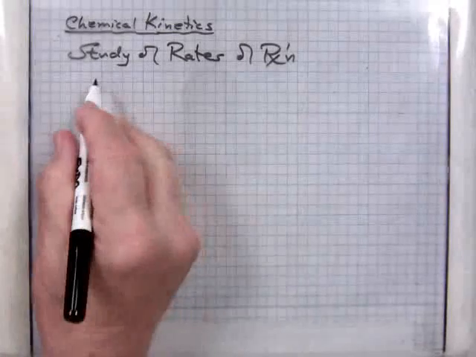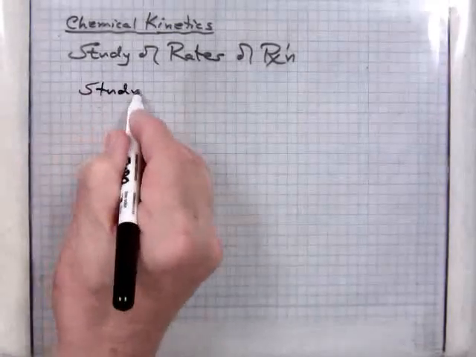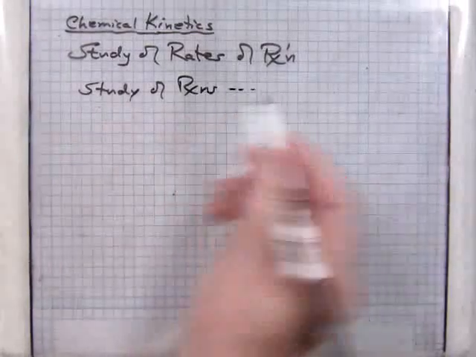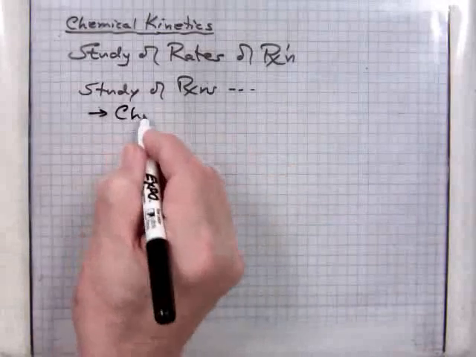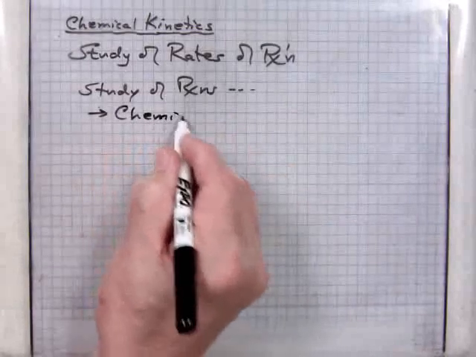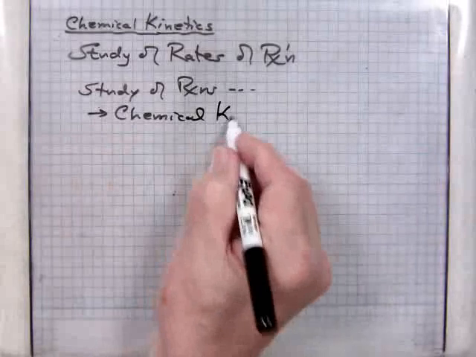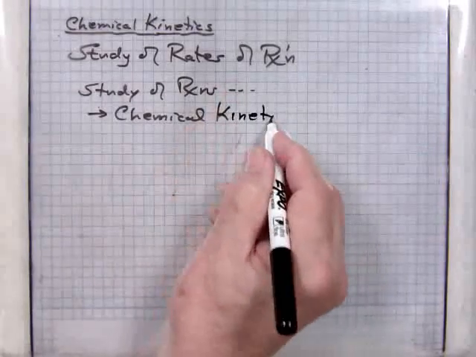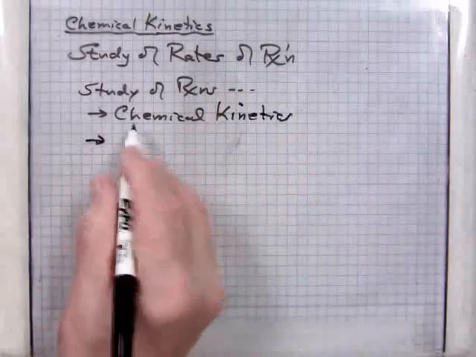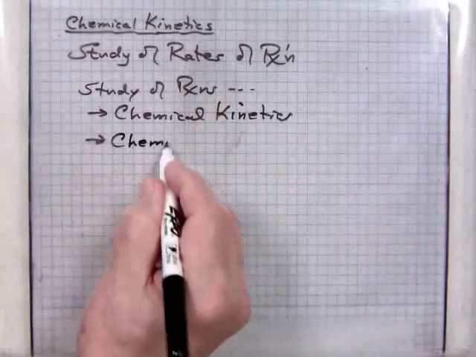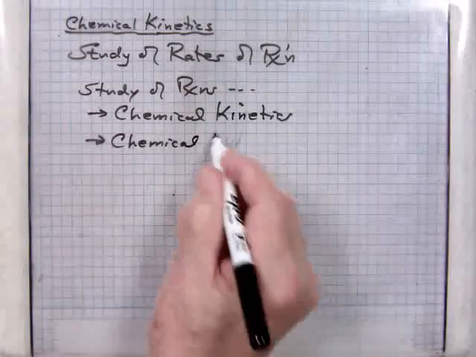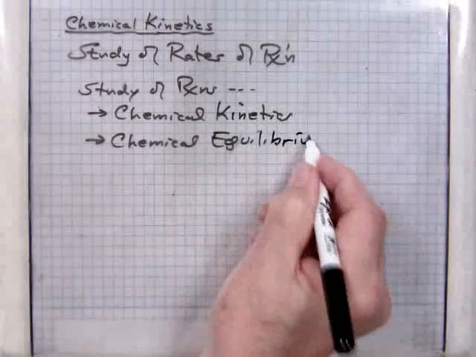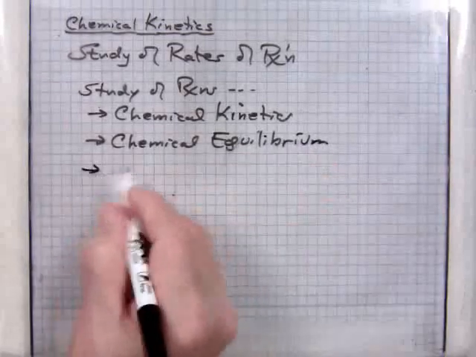In the study of chemical reactions, we use one, chemical kinetics, two, chemical equilibrium, and three, chemical thermodynamics.